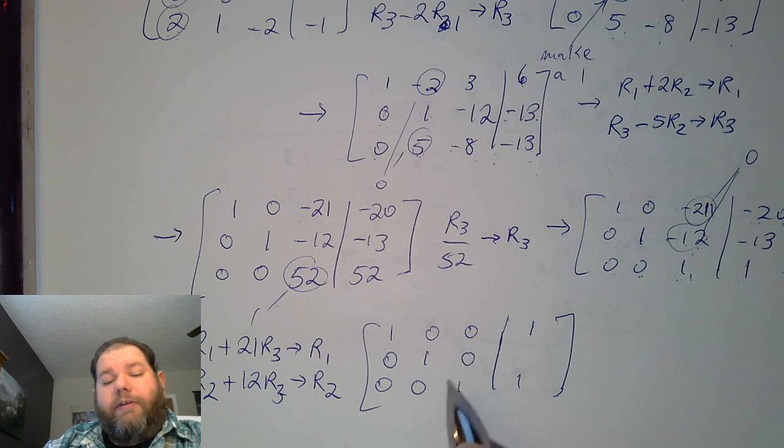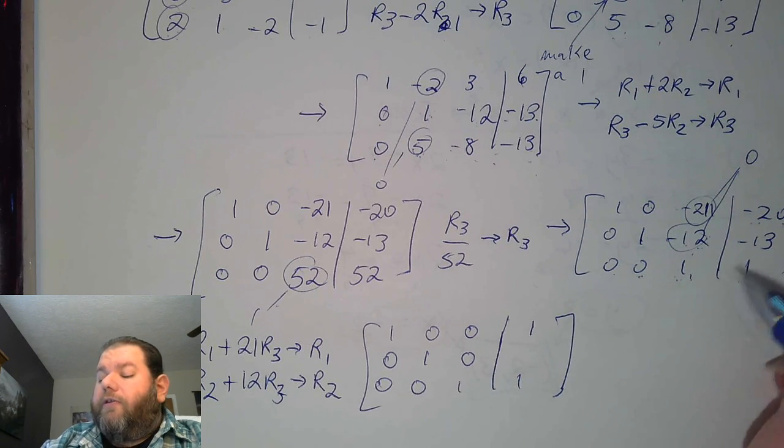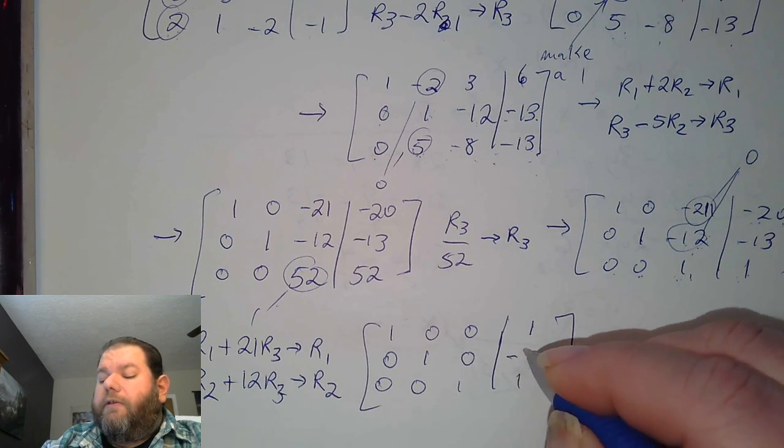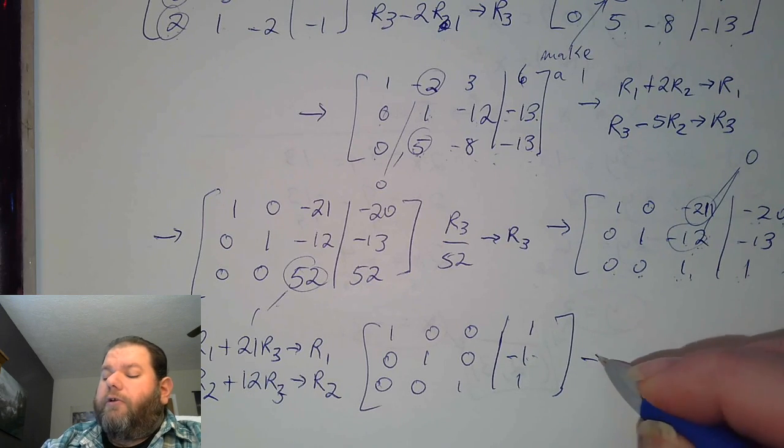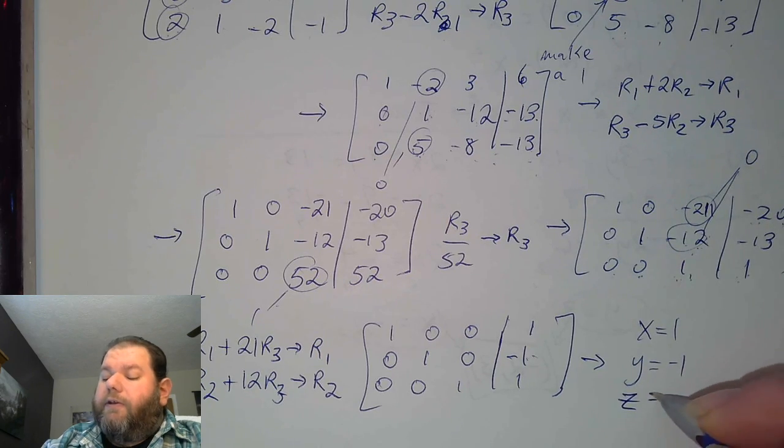This left-hand side is exactly how we want it: 1's in the diagonal and 0's everywhere else. Let's just figure out this last number and we'll have everything. So we take negative 13 plus 12 times 1, negative 13 plus 12, and that is negative 1. So our conclusion is x is equal to 1, y equals negative 1, and z equals 1.